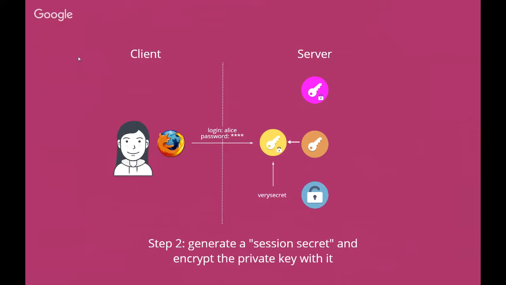We generate a session secret. You can see here it's very secret. Well, actually, it's the key, very secret. And we will re-encrypt the private key using this secret. This private key will be stored in the session.